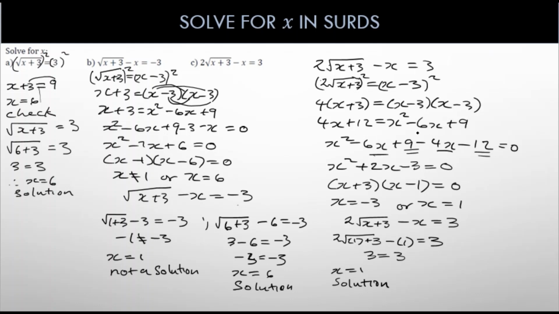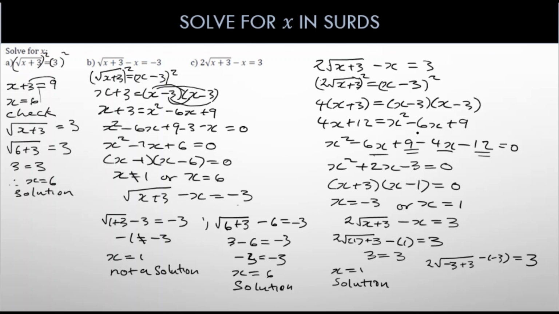And then we test the second one, root 2 root negative 3 plus 3 minus negative 3 is equal to 3. That's what we have to test.